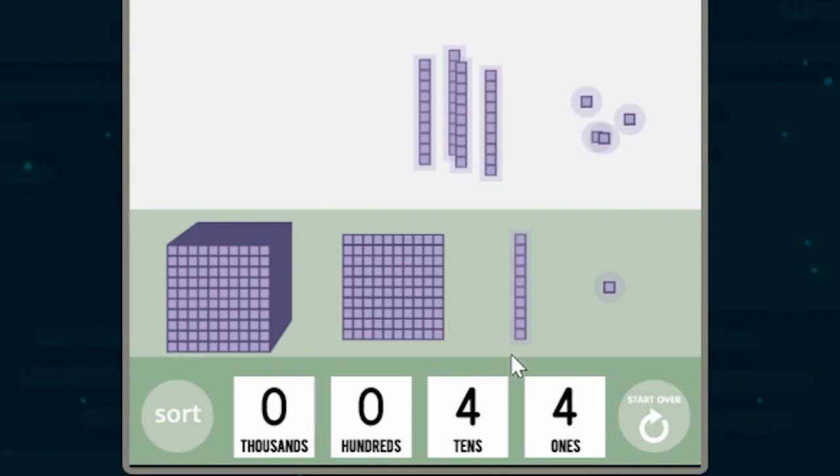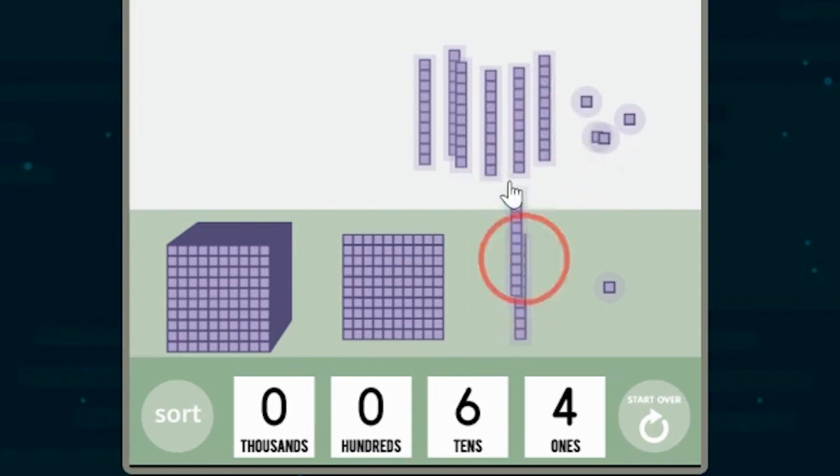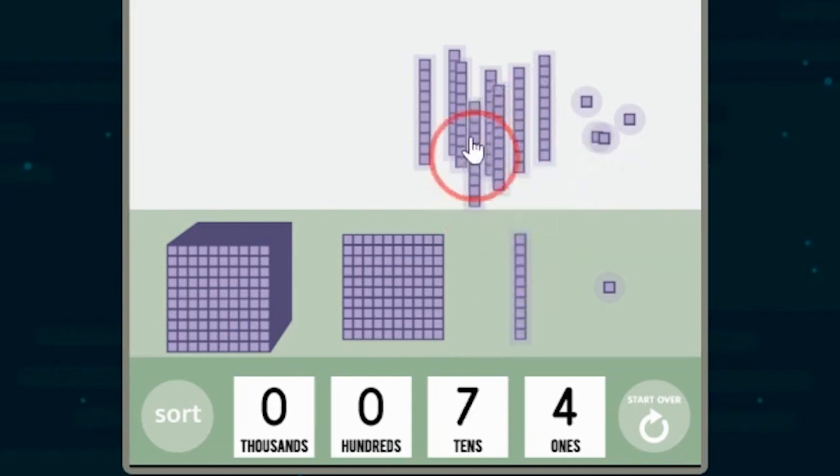Forwards by the decade means we're adding 10. Let's see what happens as we add a 10. Now we have 5 tens, so it's 54. Let's count forward by the decade again. 64, 74, 84, 94.